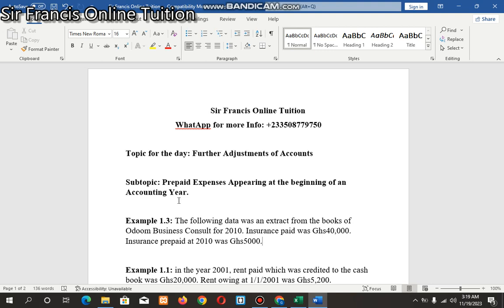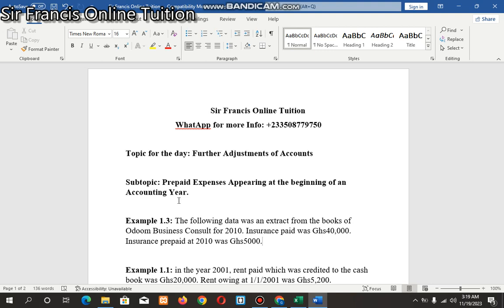So we said the expense was paid in the previous accounting year. The benefit is to be consumed in the current year, and because it is part of the current year expenses, it should be added to the relevant account for that year.